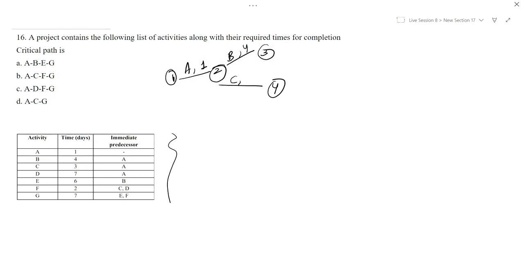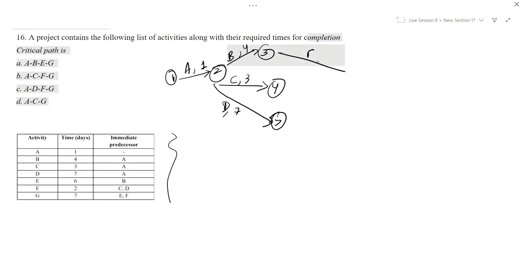Activity C will take 3 days. Now next, D, 7 days, A is the predecessor of D. Next, B is the immediate predecessor of E. This E has 6 days.